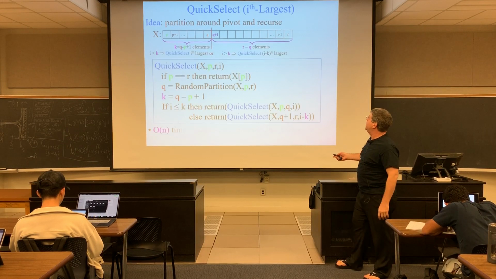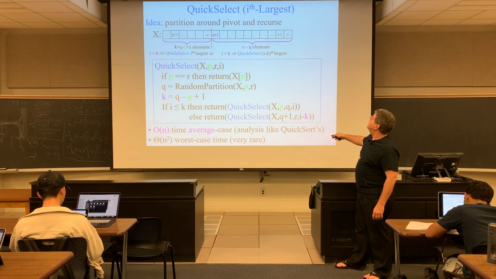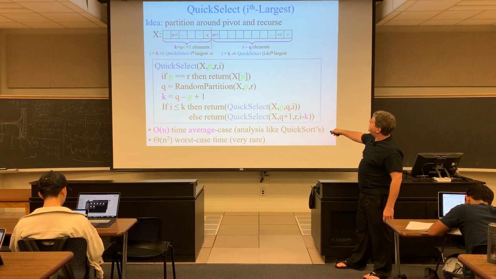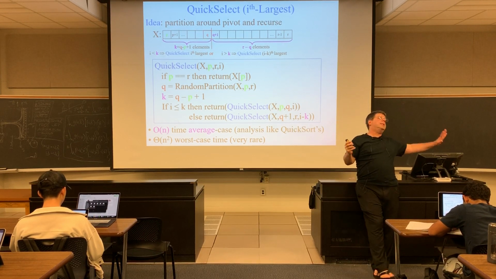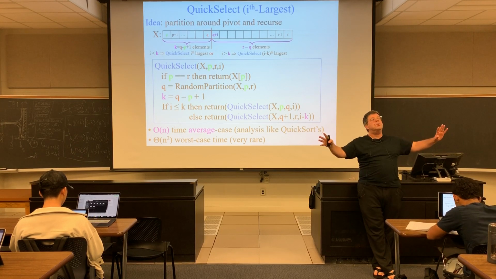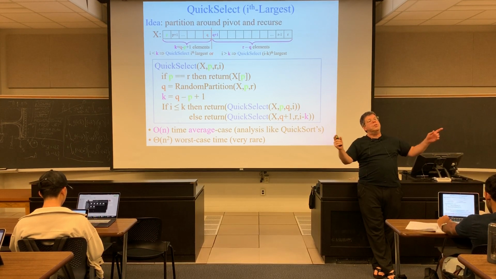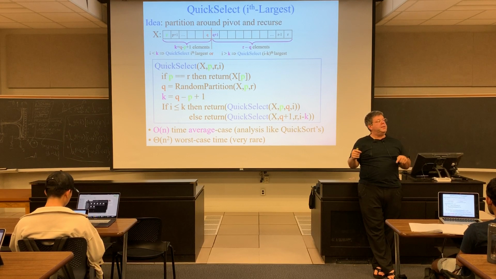So here it's exactly the same thing. Once you select a pivot element, this partition rearranges the array so that everything less than the pivot is to its left, and everything larger than the pivot is to its right. So with respect to the pivot, the array is kind of pseudo-sorted. It's not completely sorted, but it's sorted with respect to the pivot.